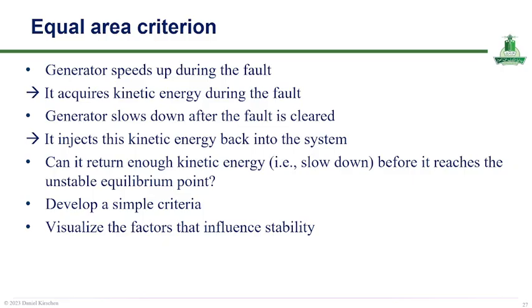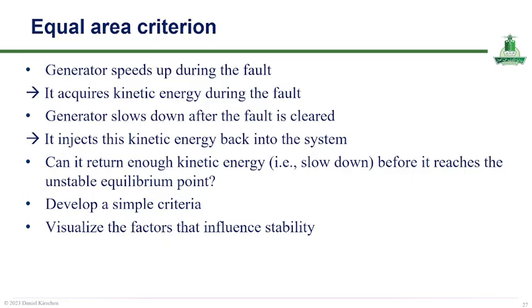During the fault, the generator accelerates because mechanical input exceeds electrical output, leading to an accumulation of kinetic energy. After the fault is cleared, the generator begins to decelerate and attempts to return this stored energy back to the system.